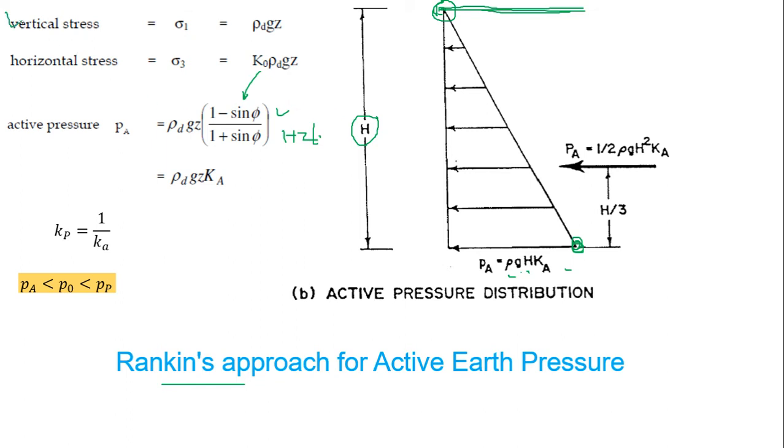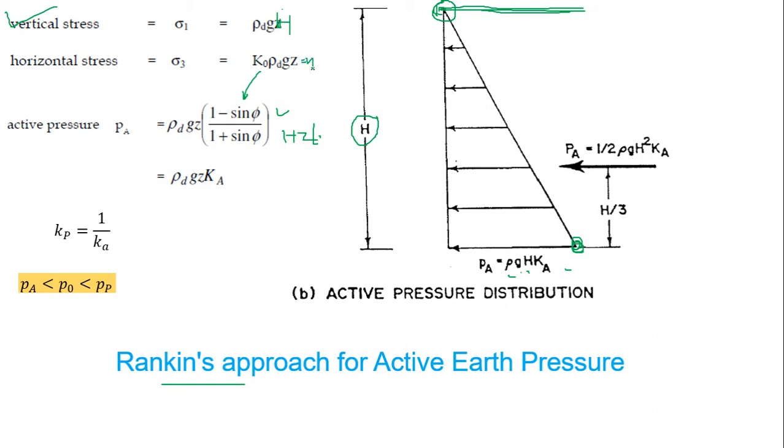So the vertical stress acting on the structure is rho g into h. Here I have taken this formula from the reference book, so you can make the change over here: Z is equivalent to h.